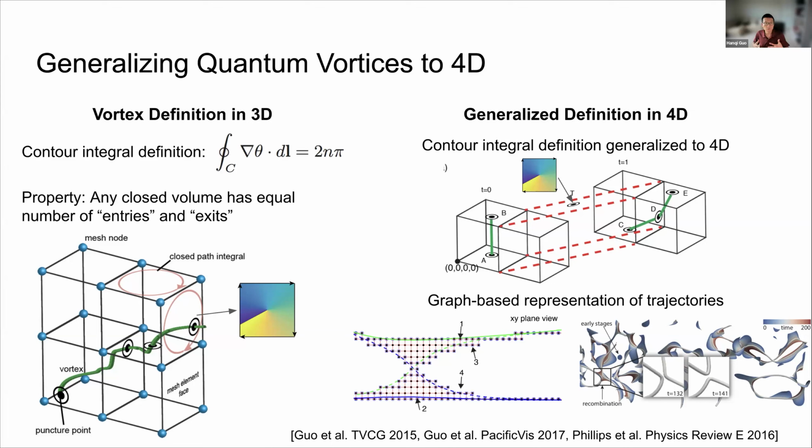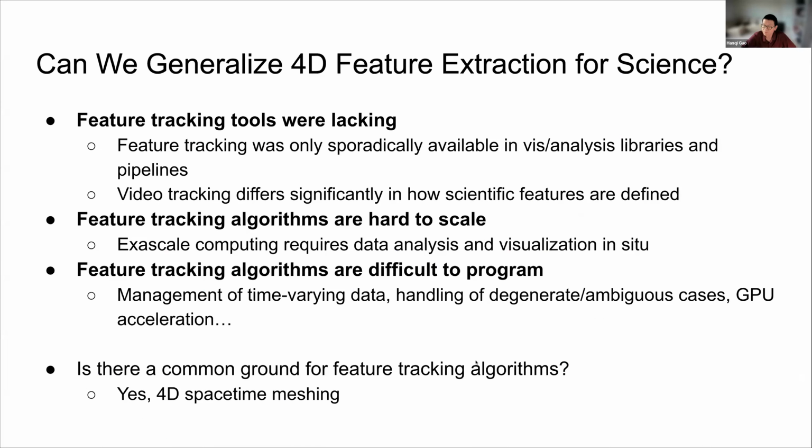We can define a similar definition with the surface integral in 3D subspaces of these 4D cells. As a result, we can form a graph-based representation of the trajectories, track them, and visualize them to help scientists understand the dynamics of these vortices and how they relate to energy dissipation.